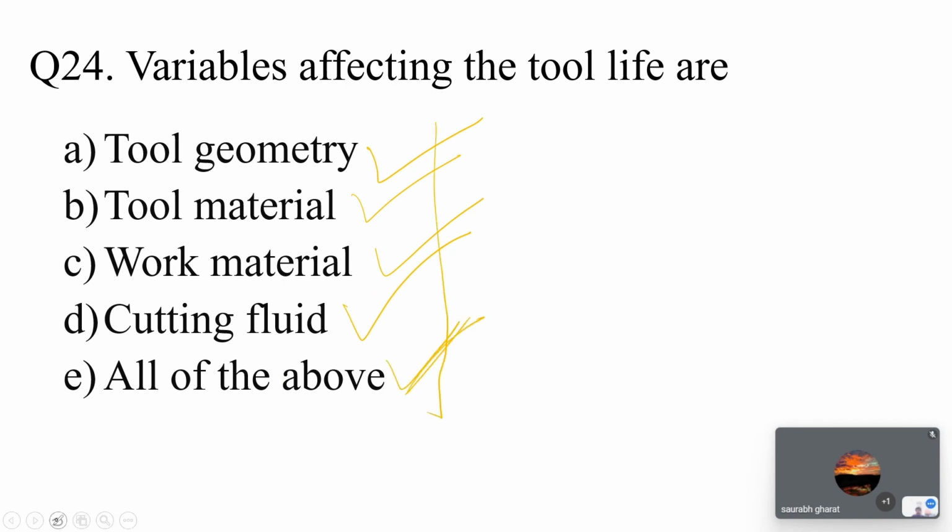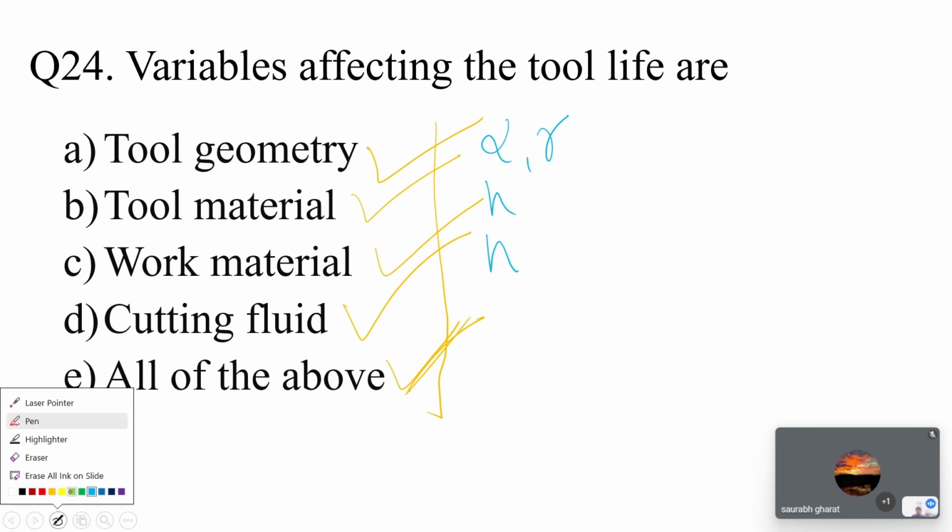Then, as mentioned in the slides, your tool geometry will affect it, that is your alpha angle and your relief angle. Tool material, the hardness of the workpiece material, cutting fluid, various properties, everything will matter for tool life.